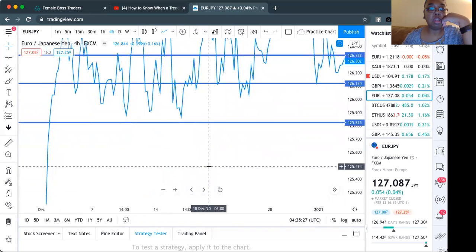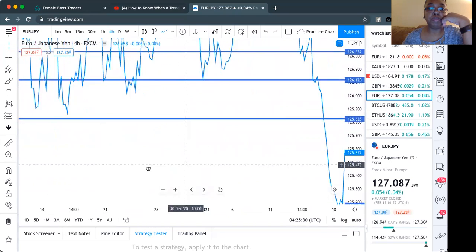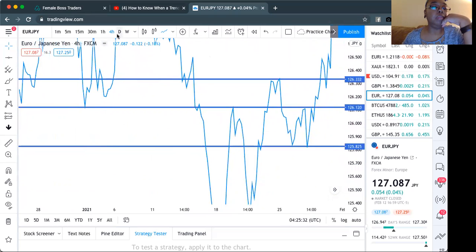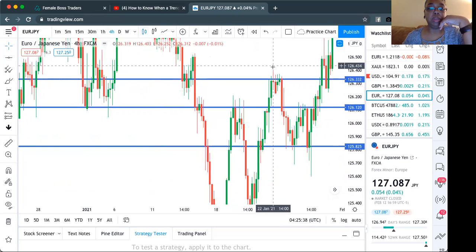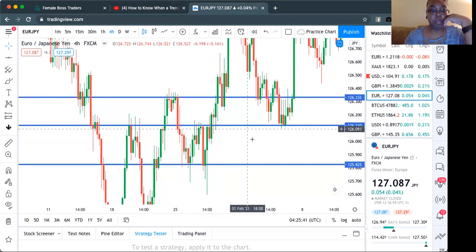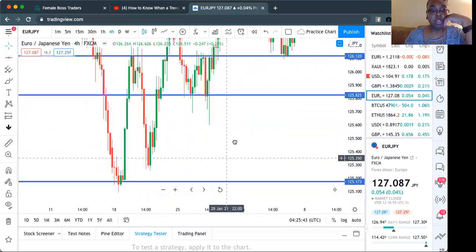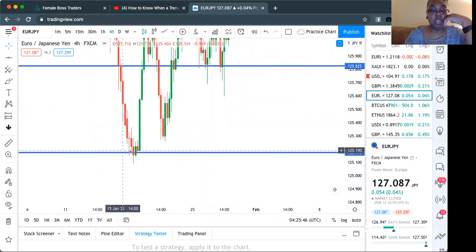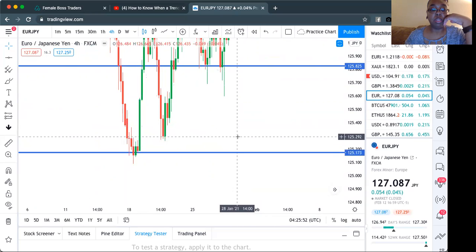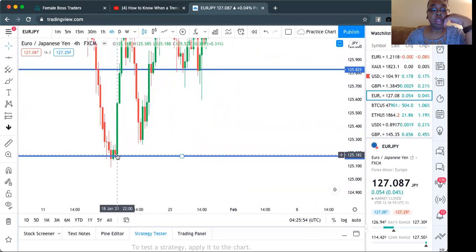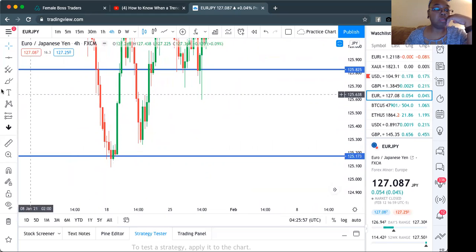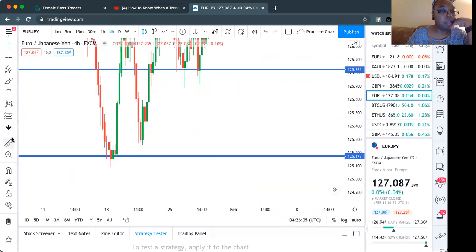Also, I'm gonna go ahead and move this back to candles. All right, perfect. Looking at this, you see this is the previous low right here.